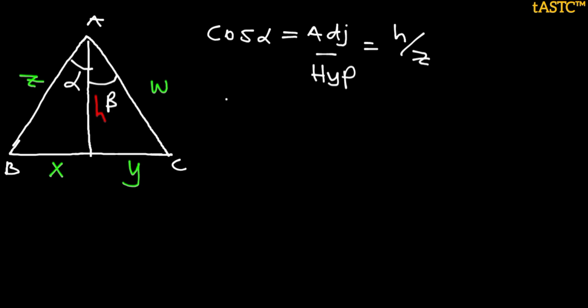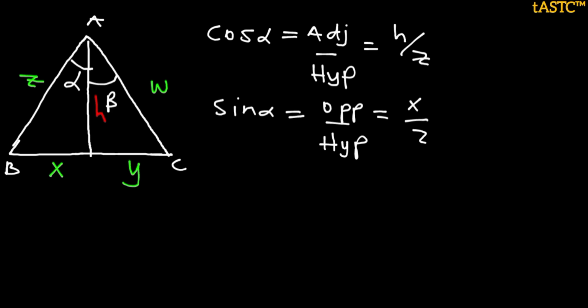Now, if I wanted to find the sine of alpha, that will be equal to opposite divided by the hypotenuse. The opposite to this angle, the side that faces the angle, is clearly x. The hypotenuse again will be z.